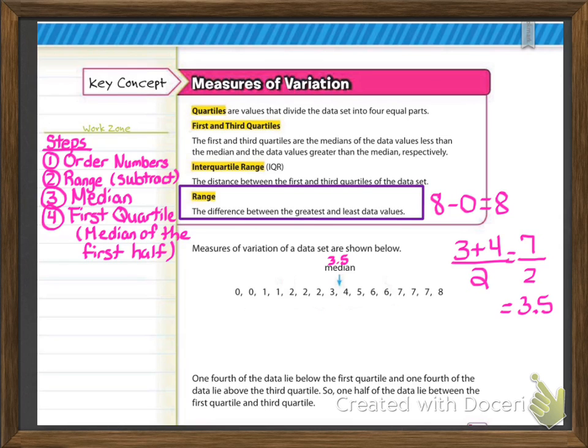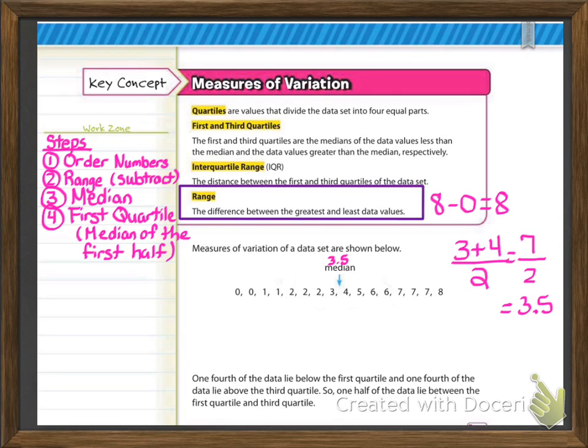Think about how many quarters you need to make a whole dollar: you need 4 quarters. If you think of a quarter after 3 o'clock, that's 3:15. Every quarter on a clock is 15 minutes, and when you put all the quarters together, you get an entire hour. So when we're talking about quarters, we're talking about 1/4 of the total data set.